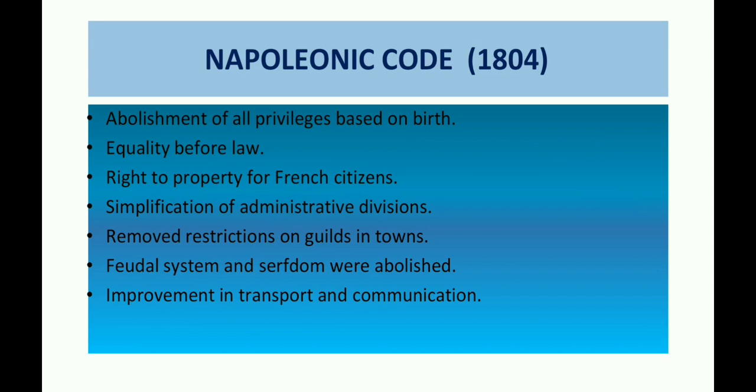So, this is Napoleon's Civil Code, and the businessmen and small producers of goods felt that the uniform laws, standardized weights and measures, and a common currency could facilitate free trade across Europe.